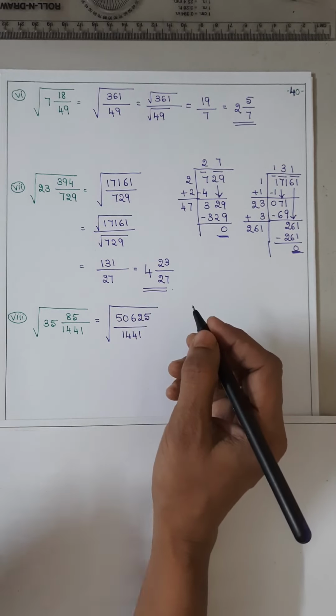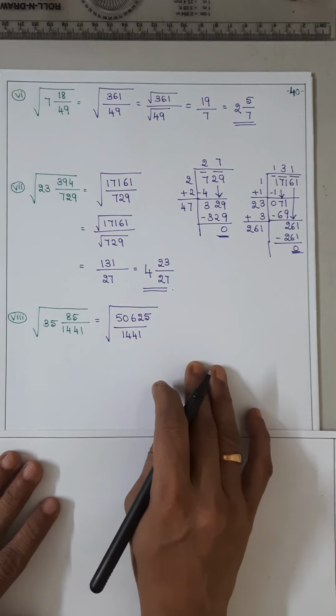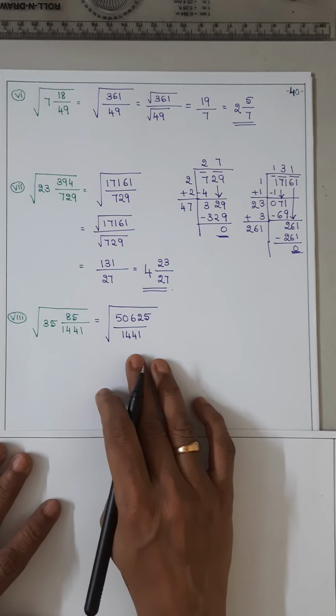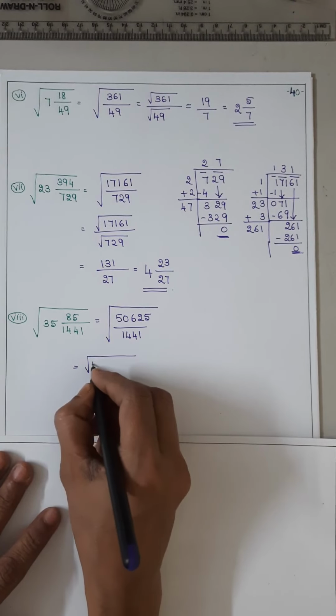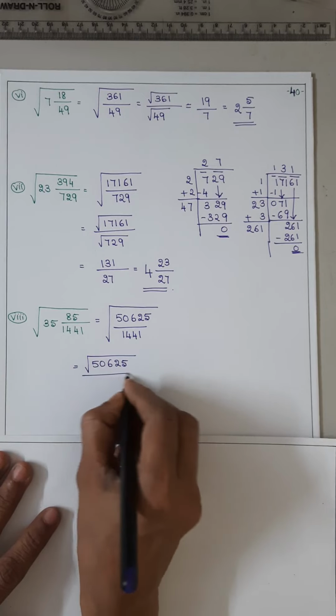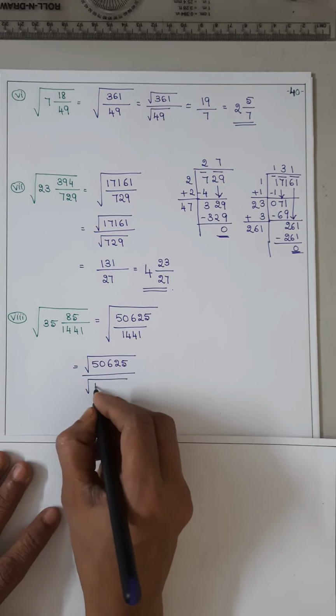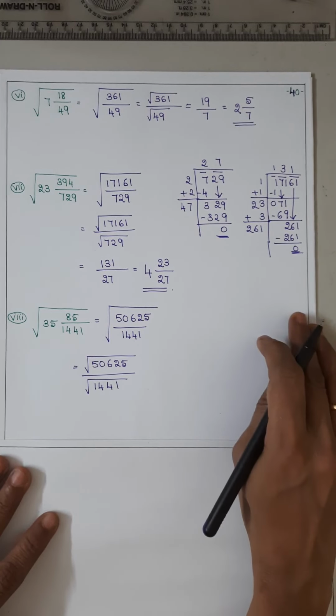So in the numerator it is 50625 and in the denominator it is 1441. Okay, now it will be square root of 50625 and in the denominator it is square root of 1441.